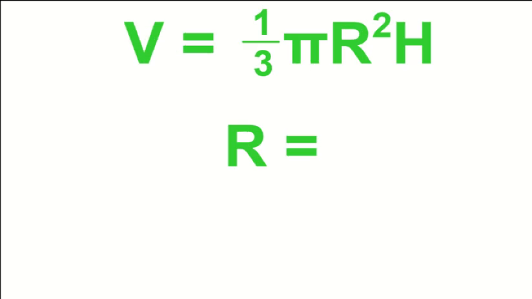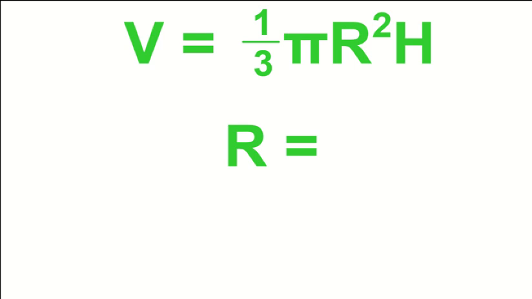All right, got to solve for R. So, what do I need to do? How do I get R by itself? Move everything else to the other side. Yeah, no kidding. How? Divide.